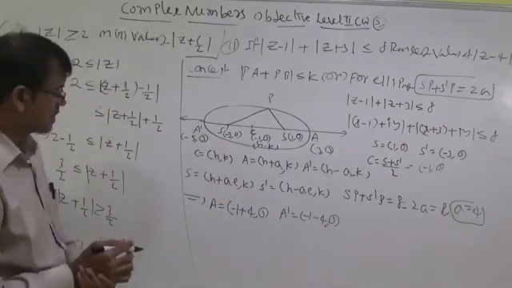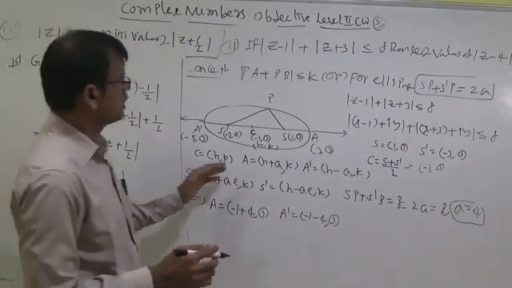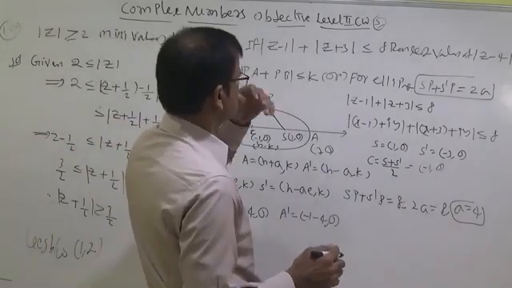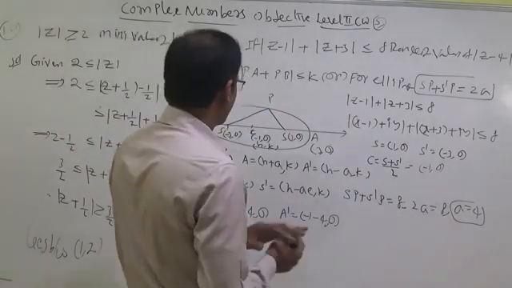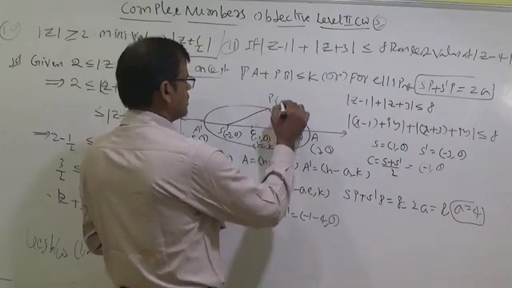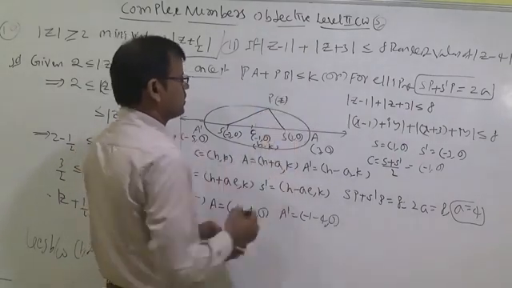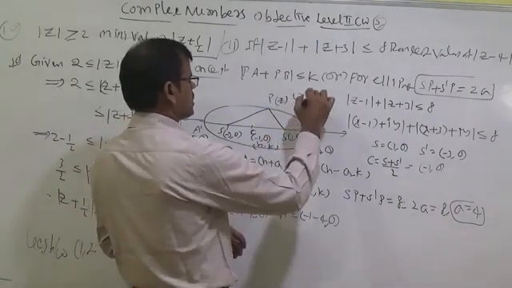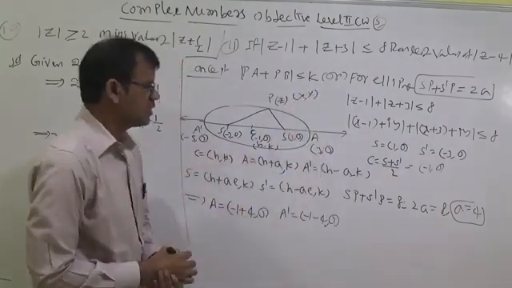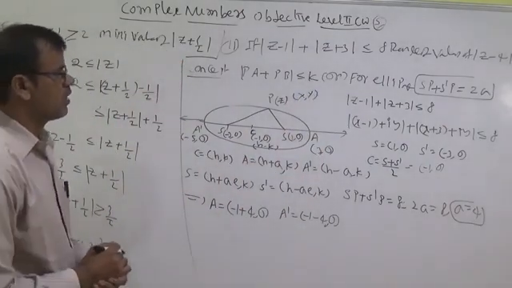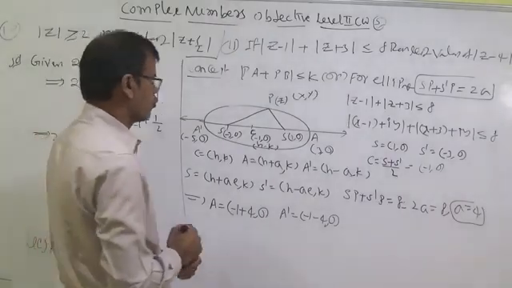Now we need the value of modulus of Z minus 4. Here P of Z, that is x plus iy or x, y, is any point. The range is being asked for modulus of Z minus 4.